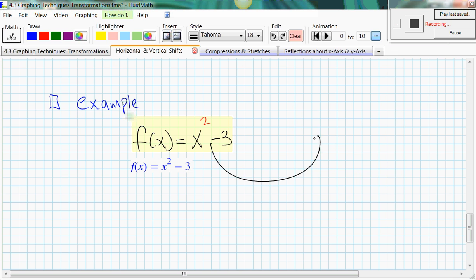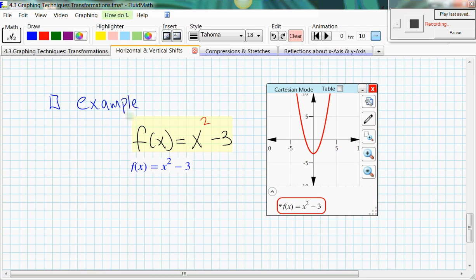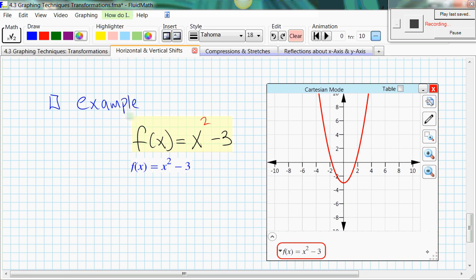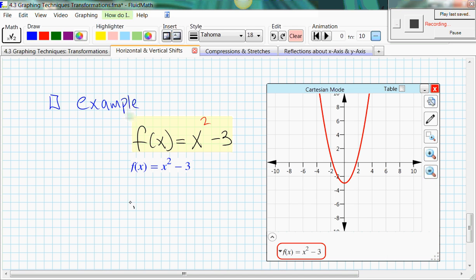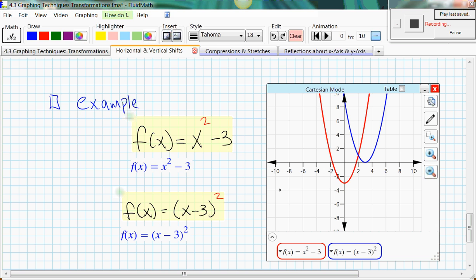If I graph this, I can see a parabola that has been moved down 3 units. Now let's compare that to this. What if I gave f of x equal to x minus 3, quantity squared? Because the 3 is inside my function, it's going to be 3 units to the right. And there you can see the blue graph.